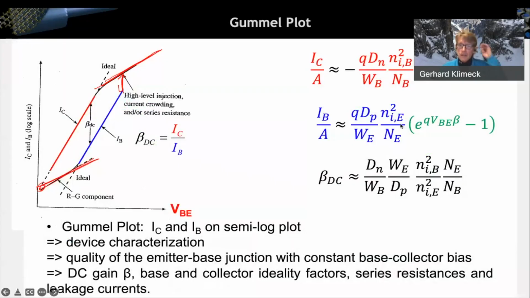You have a collector current and a base current. The base current really controls overall the collector current, and the ratio between IC and IB is the amplification that you get in this transistor. So beta DC is IC over IB, and that's the current gain, or DC gain beta.